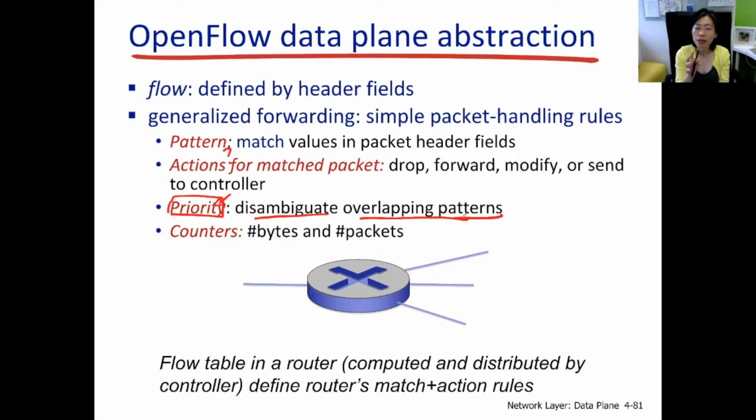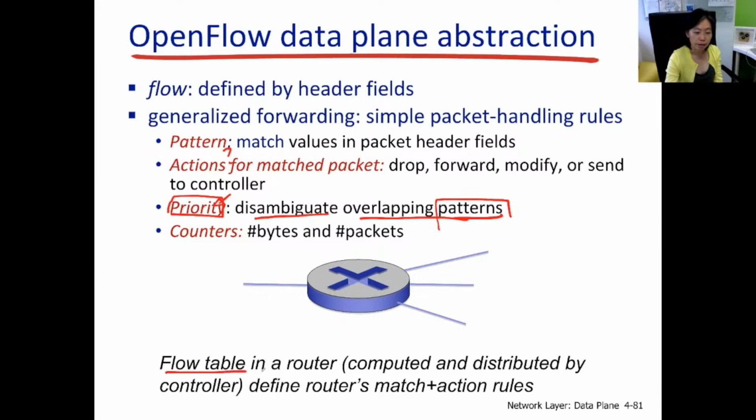Then, in traditional forwarding, we are also doing longest prefix matching. That breaks the tie naturally, because there's only going to be one longest prefix. Unlike in SDN, where we could have multiple patterns, and the patterns are now general. It's not always a prefix, so you cannot use the lengths to break the tie. So we have a specific priority field to break the tie.